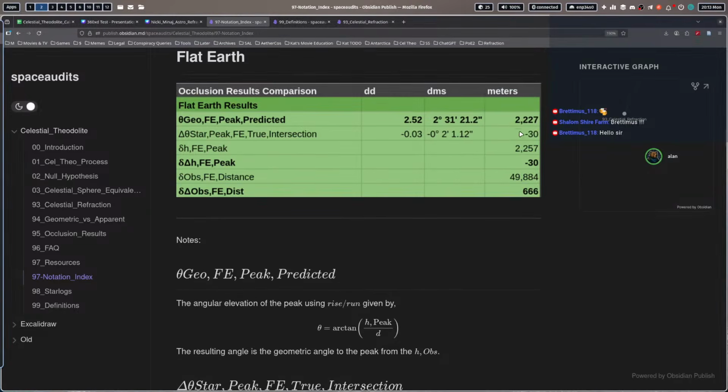And we can also use the same trig function because we have a distance and an angle. We can convert that into what the rise would be, so we can also see what that would represent in meters.